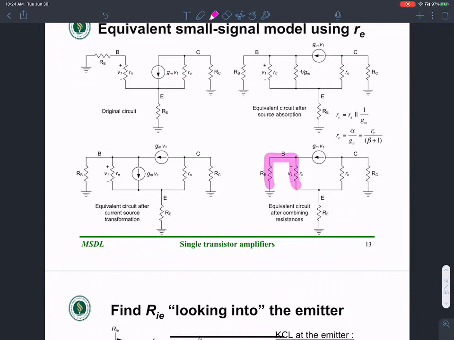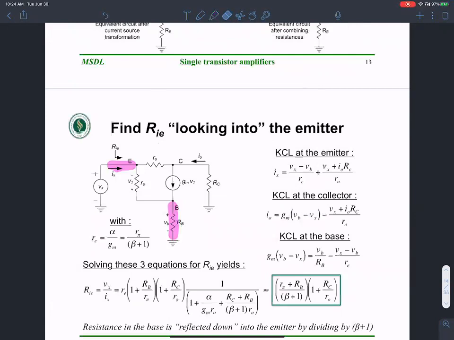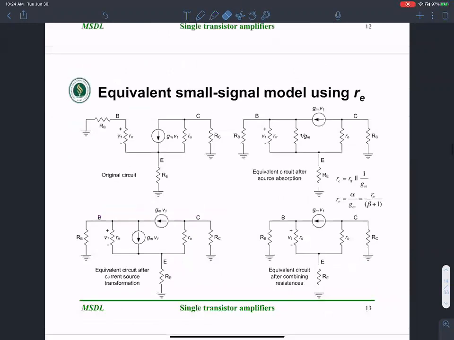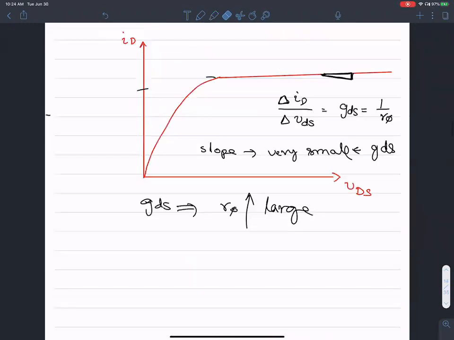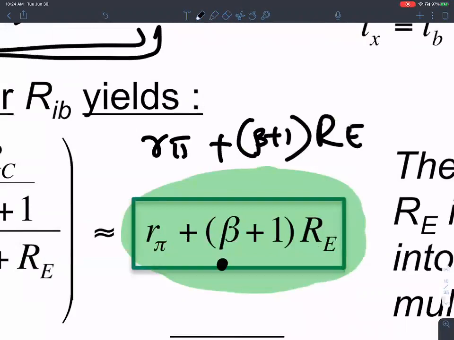RB plus R pi, that is scaled down. Remember, earlier I had R pi plus RE, that is scaled up. RE was scaled up to a large number, reflected up.